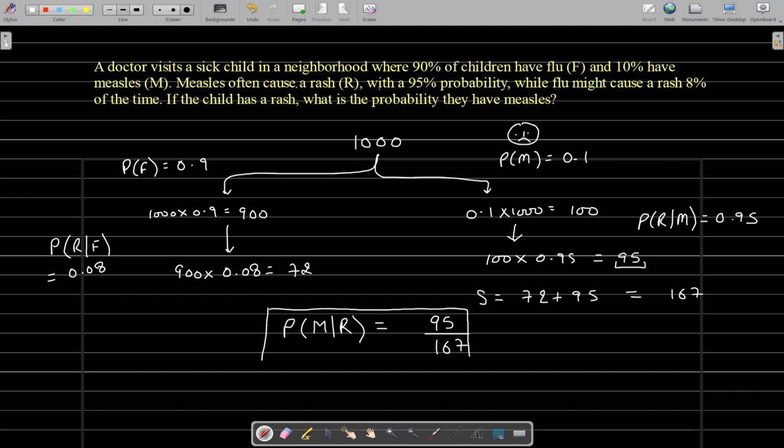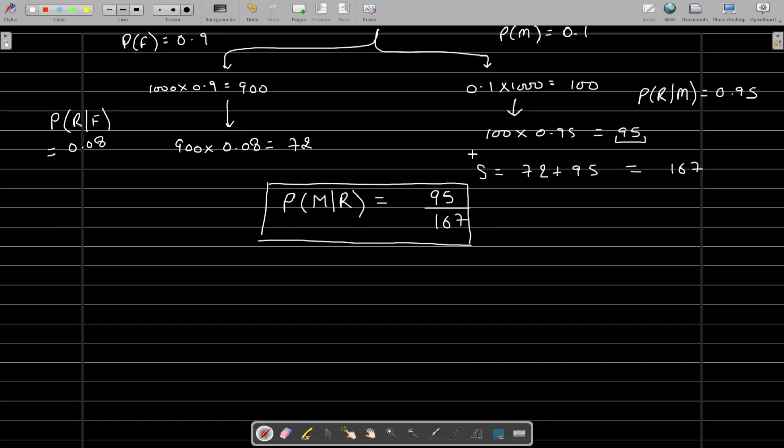Now, what is the formula? If we have to write a formula for finding such conditional probabilities, in the denominator, I want the population size, the size of the sample space, or how many items are there in the sample space, which is the probability of measles times the probability of rash given measles, plus the probability of flu times the probability of rash given flu.